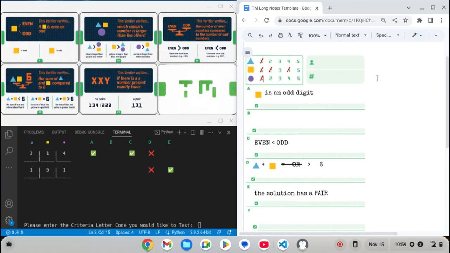So you can't have a pair of 2s or 4s, but you could still have pairs nonetheless. So let's see. Can you have a 2?